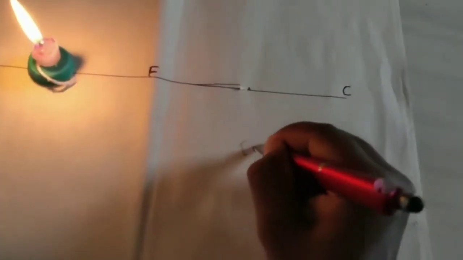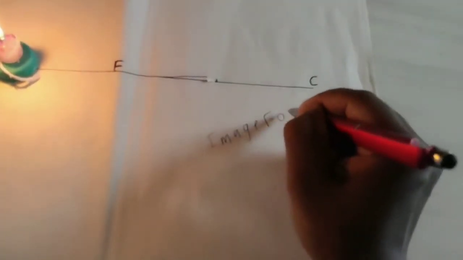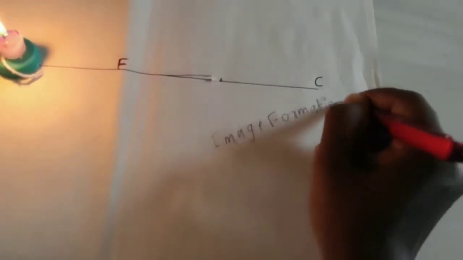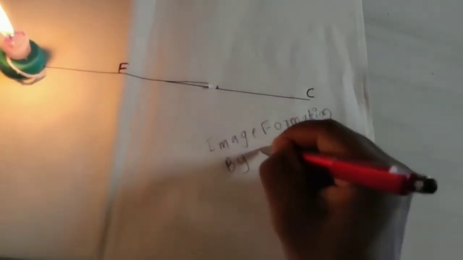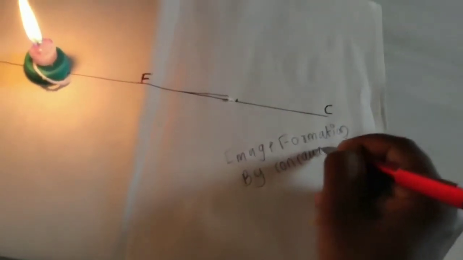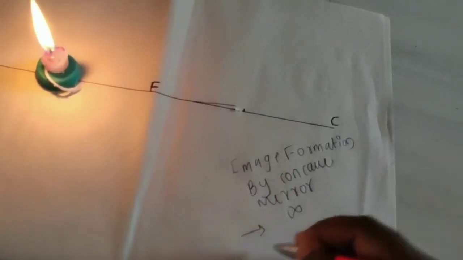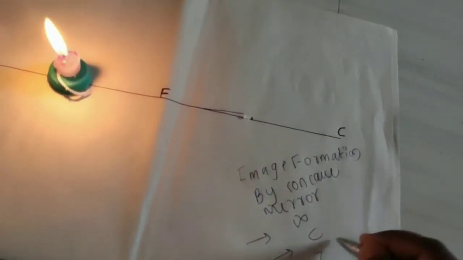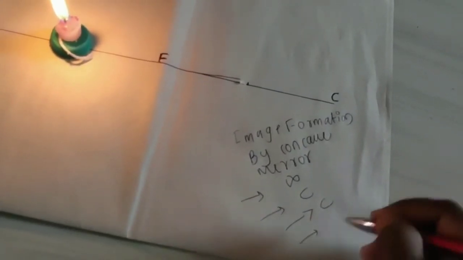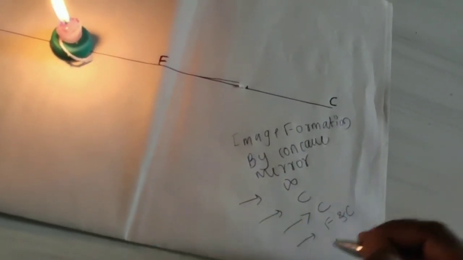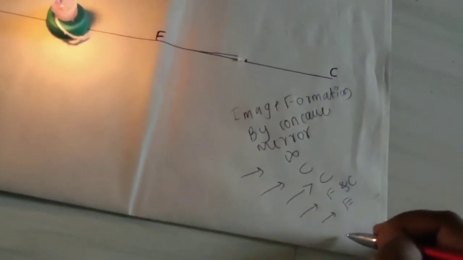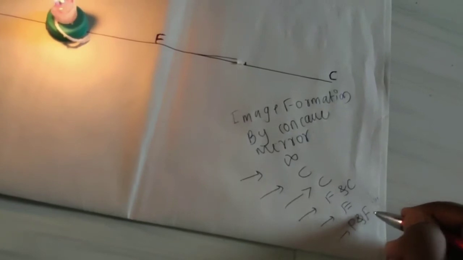Here I practically explained image formation by a concave mirror. First, at infinity; second, behind C; third, on the center of curvature; fourth, between F and C; fifth, on the principal focus; sixth, between P and F. With the object at infinity, image formation takes place on the principal focus.